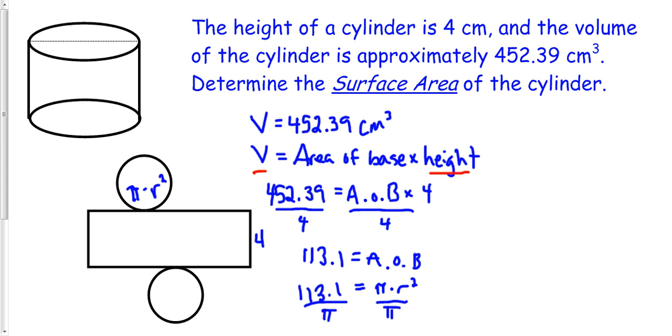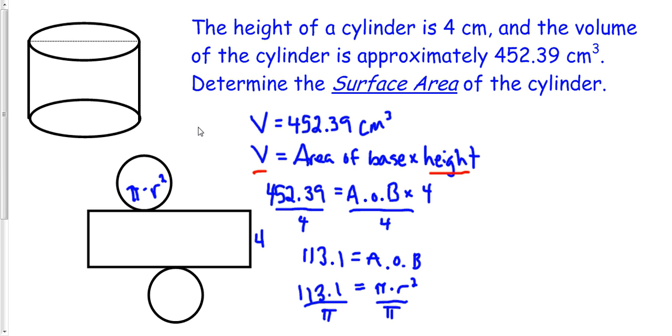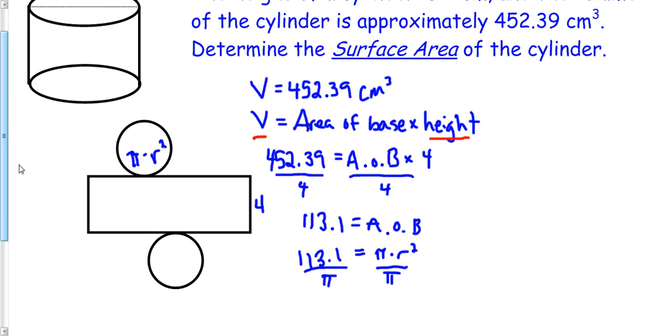So 113.1 divided by pi, 3.14159 approximately, I get 36.00000. So the radius squared is about 36. Then I'll square root both sides, and I get a radius of 6.